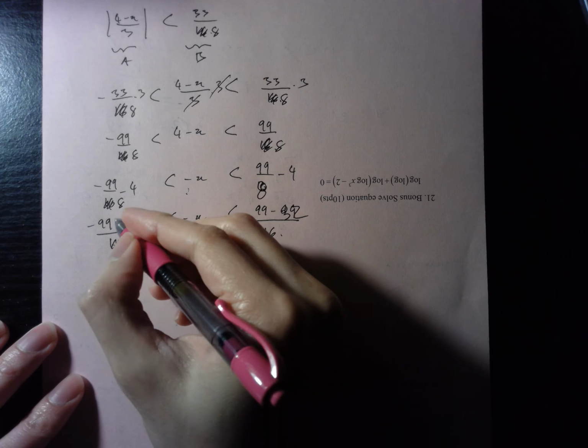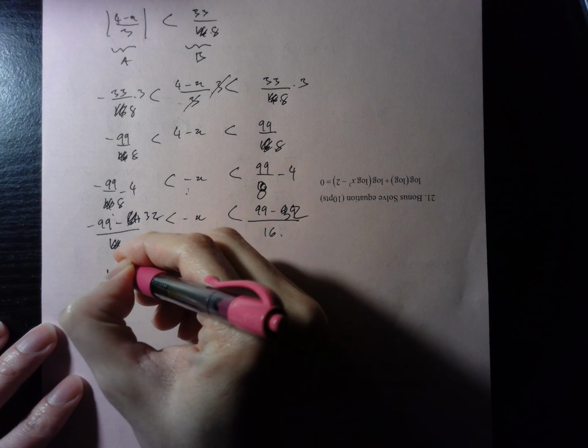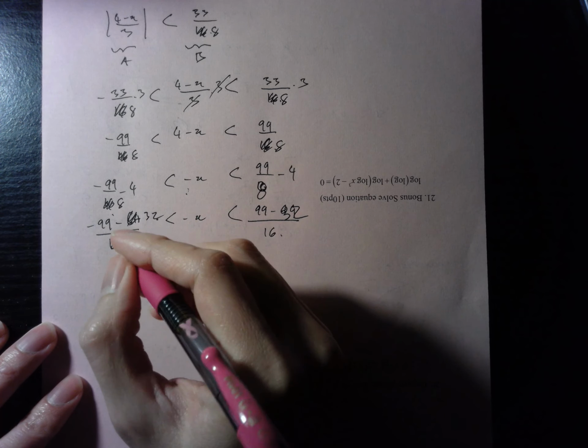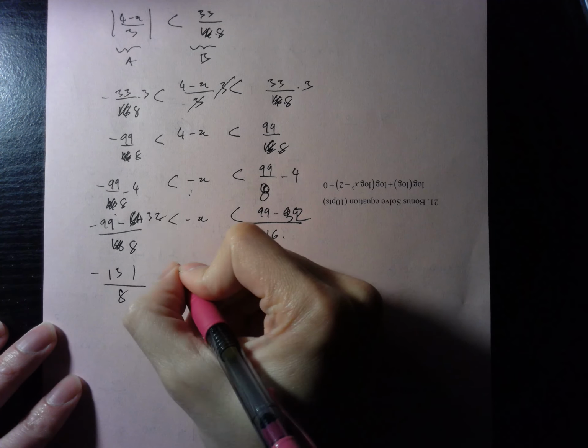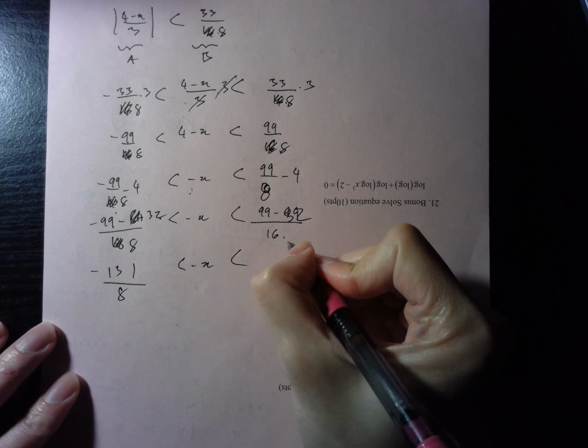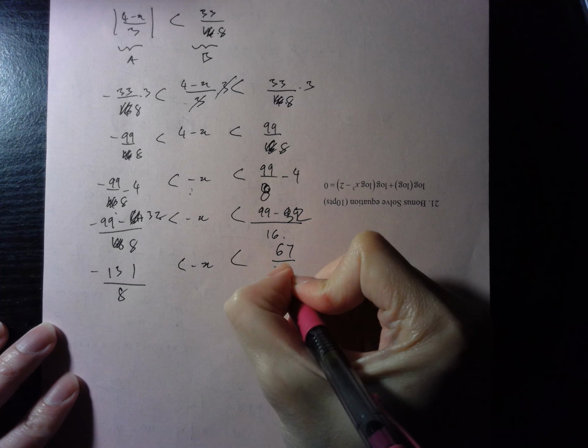So I have 9 plus 2, 11, 10, 31 over negative 8, right? Less than negative x less than 67 over 16.